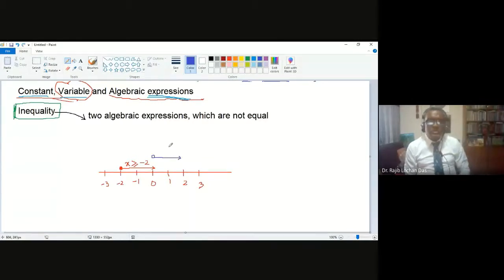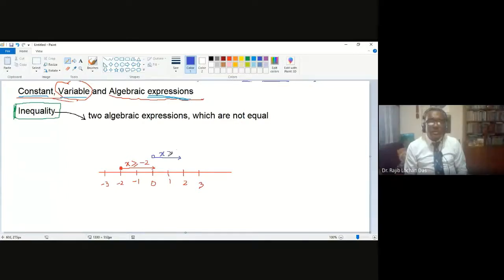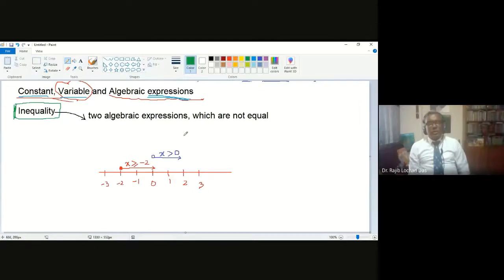X less than 2. No, it is going to the right side, so not less than, it will be greater than. The arrow mark is going to the right side. Okay or not okay? Okay, sir.